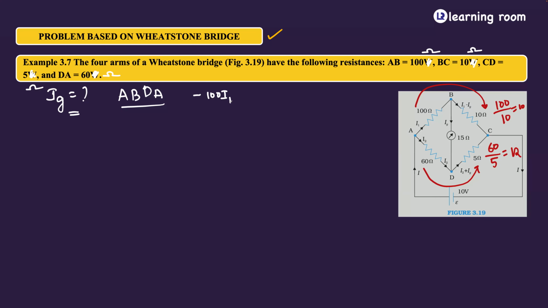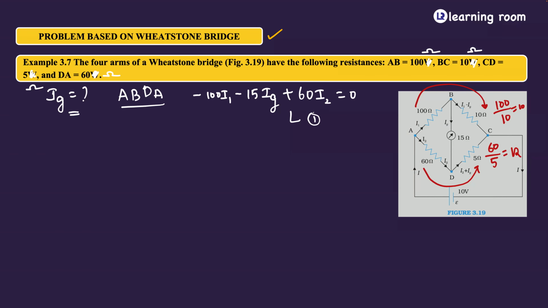When I go from B to D, you will get minus 15 into Ig. When you go from D to A, you have plus 60 I2 is equal to 0. Right? So this will be considered as equation number 1, which is obtained from the loop ABDA.